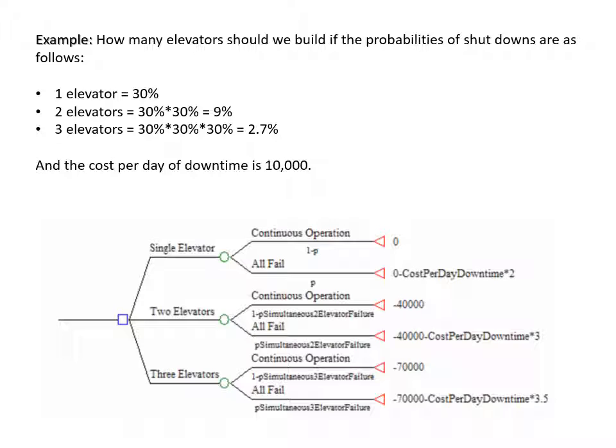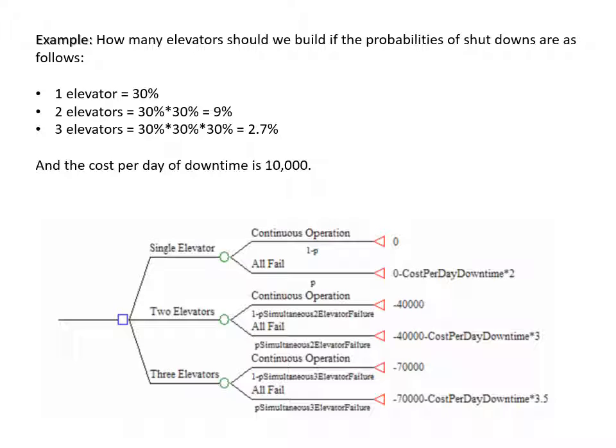Now there's a probability, of course, associated with continuous operation in this case, as there is a probability associated with the 2 elevators failing simultaneously, and we saw that that's a much smaller probability, but we have to account for that, and that's what the bottom branch coming out of the 2 elevators chance node is.